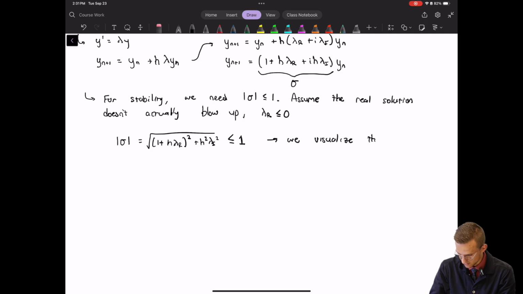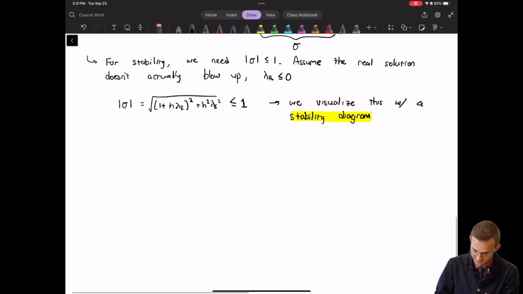We visualize this with a stability diagram. Okay, and so what is a stability diagram?